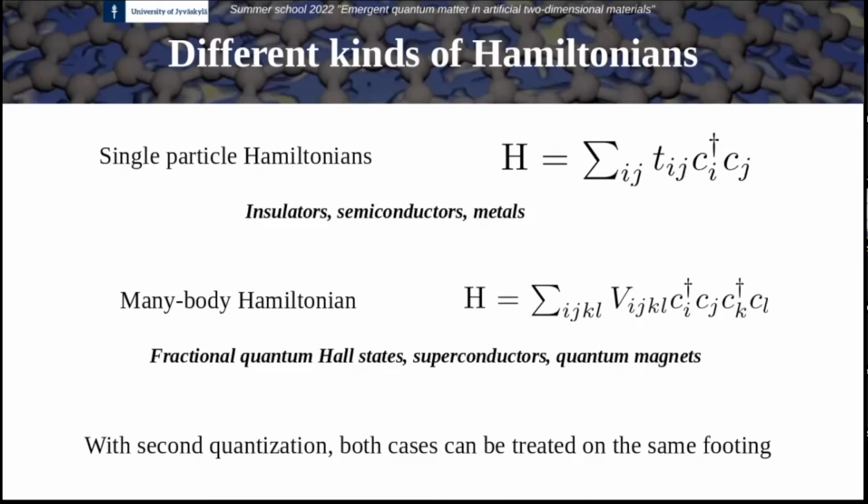The density operator is C dagger C, so if you write density-density, that's C dagger C, C dagger C, so in total 4 creation and annihilation operators. That interaction term that you see there is one of these many-body terms that we can have.